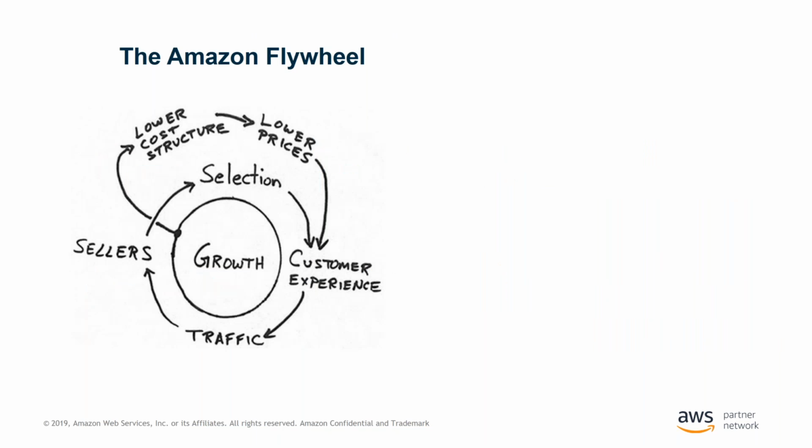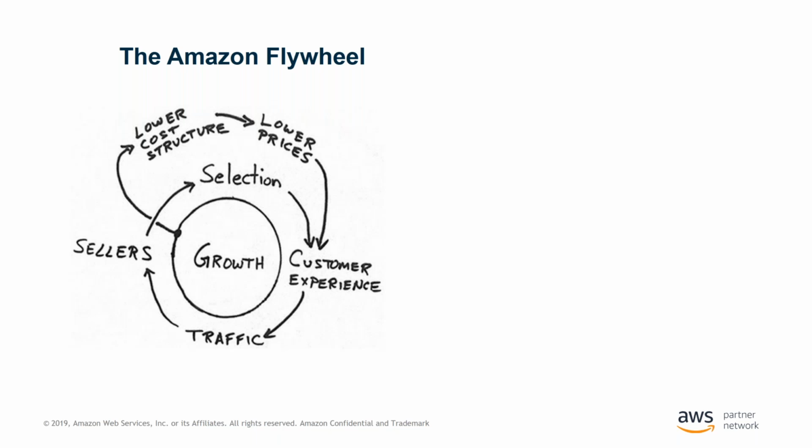So we have this famous flywheel that we use at Amazon, which really describes a lot of how we do what we do. And you could say it starts almost anywhere on this wheel, but if we start with selection, and then we take a look at the customer experience and we improve that, that drives traffic. Traffic brings more sellers.